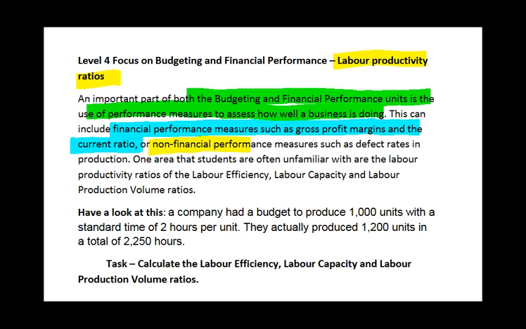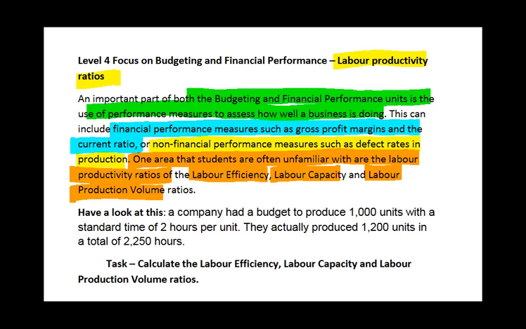Or they could involve non-financial performance measures, such as looking at defect rates in production or the number of customer complaints we receive. You will typically see tasks in both budgeting and financial performance getting you to do these sorts of things. One area students are often unfamiliar with is the labour productivity ratios of labour efficiency, labour capacity, and labour production volume ratios.